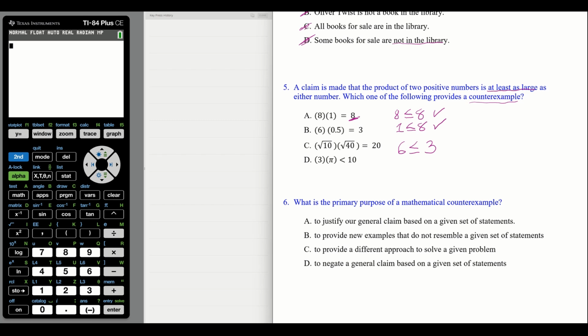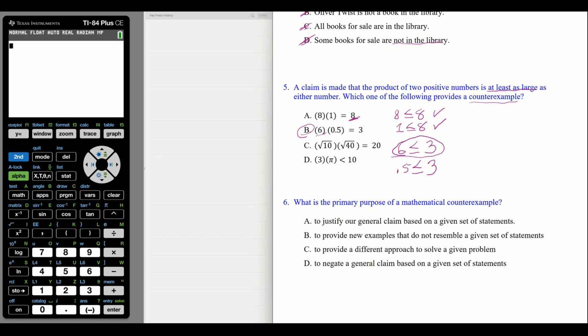That does not work. So that is not a check. Now, if I put 0.5 there, sure. But this being part of how they got to 3, well, that's not going to work.